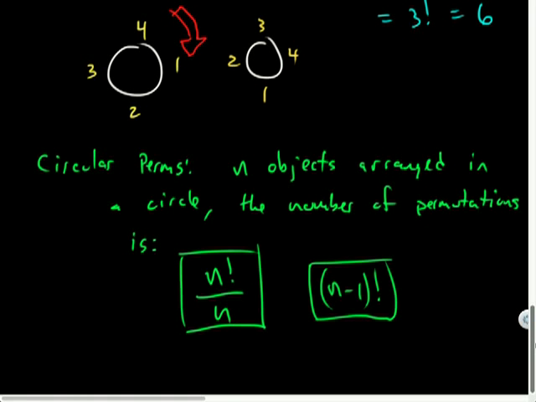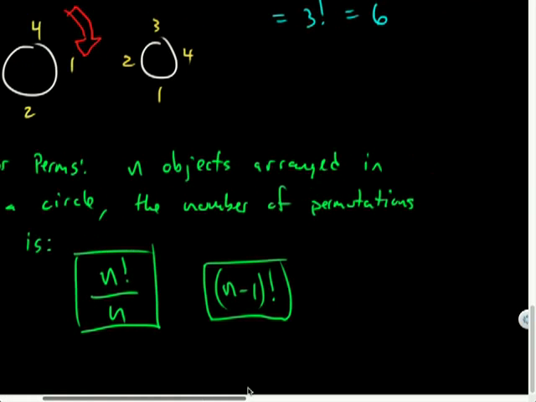All right. Now, one last type of problem, which is circular but also has an additional concept, is what if I have, how many ways can I arrange some beads on a bracelet?